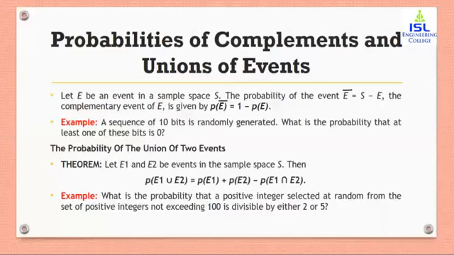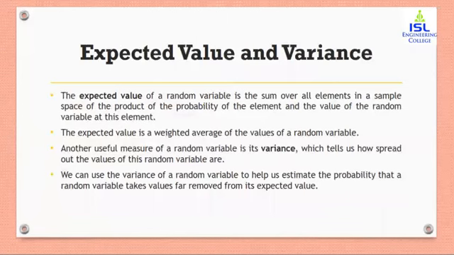Now the next topic is expected value and variance. The expected value of a random variable is the sum over all elements in a sample space of the product of the probability of the element and the value of the random variable at this element. So what do you mean by expected value and what do you mean by a random variable? In the earlier class, we have already seen a random variable.